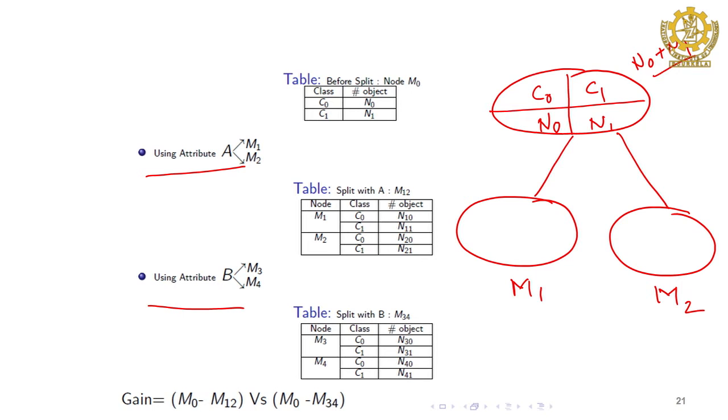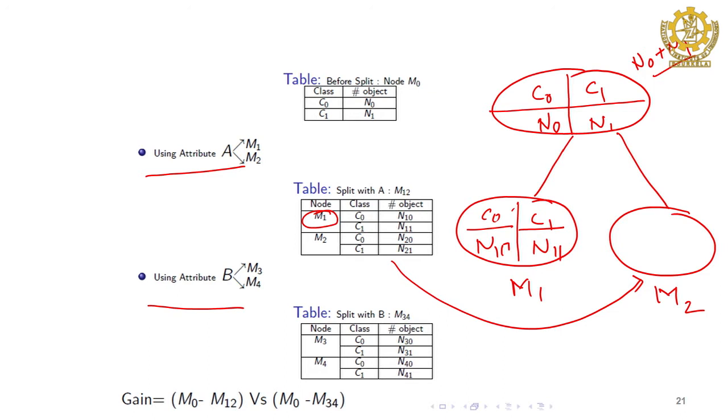Let us say, as you can see on the left side, M1 has class C0 with N10 objects and class C1 with N11 objects. Similarly, M2 has its own distribution that we can check.